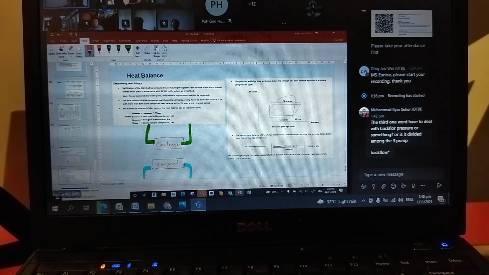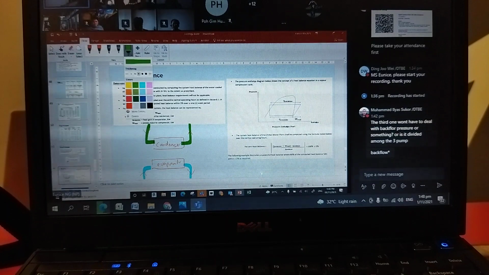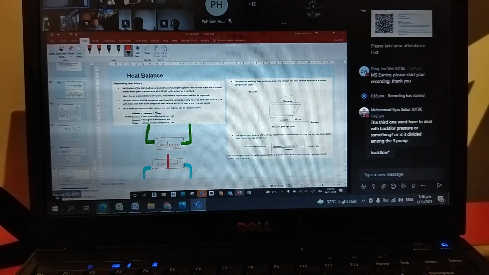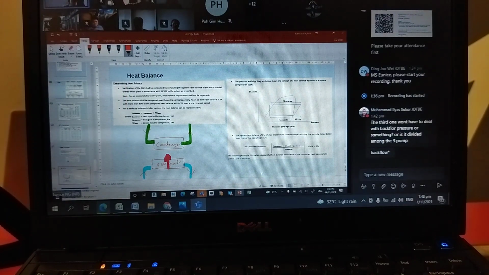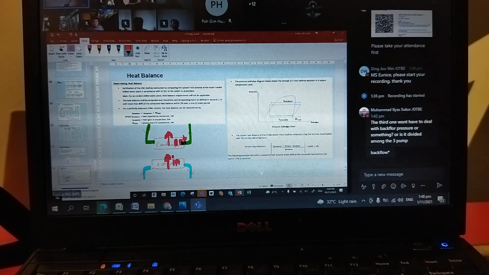When the water goes to the evaporator, the heat is removed by the refrigerant, and the heat they absorb is then passed to the condenser side. So whatever goes in must be able to go out, right? Correct or not?